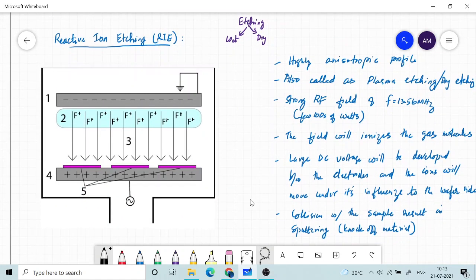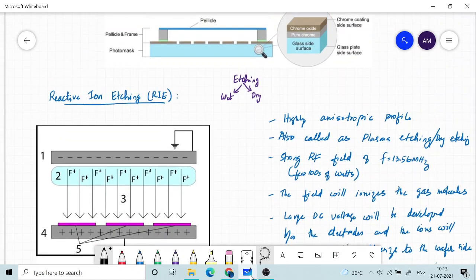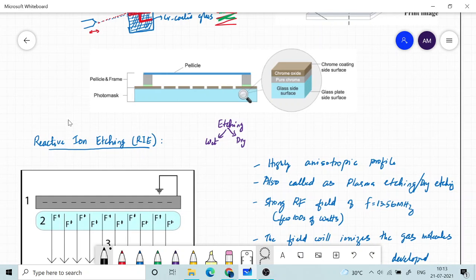Once this is done, you can remove the resist material in an appropriate chemical. That step is called stripping the patterned photoresist which we saw earlier.